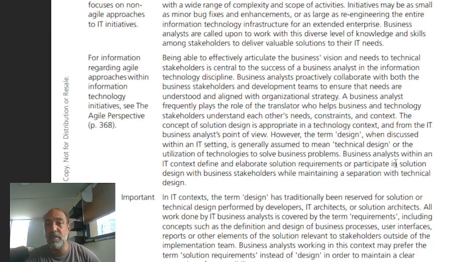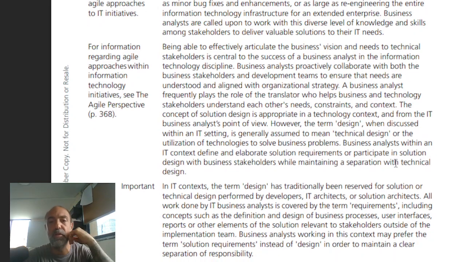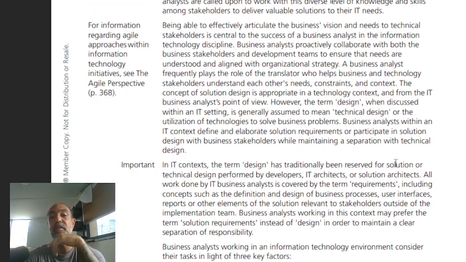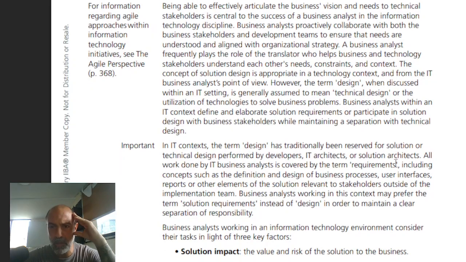Business analysts proactively collaborate with both the business stakeholders and the development teams to ensure that needs are understood and aligned with organizational strategy. A business analyst frequently plays the role of the translator who helps business and technology stakeholders understand each other's needs, constraints, and context.